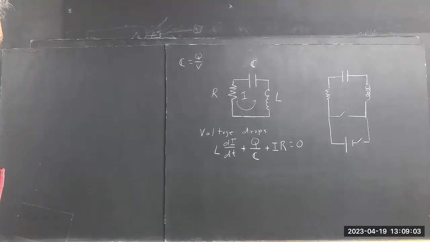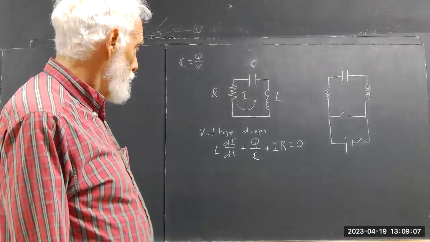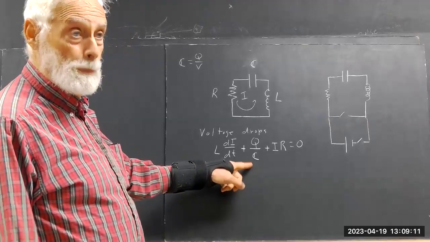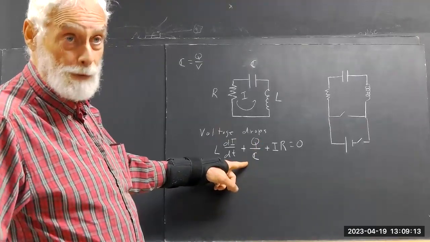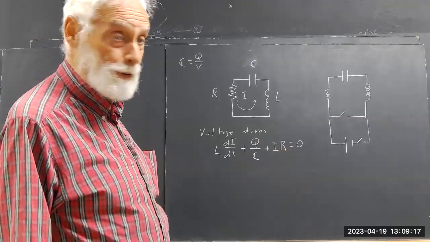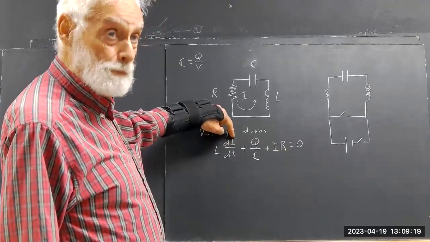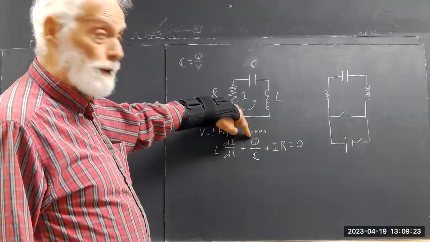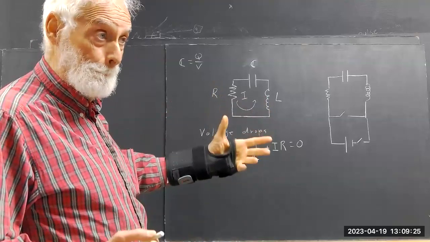Now, how many variables do you have? Is L variable? Is C variable? Well, it could be. You can have a variable capacitance, but we're assuming it's constant. And you can have a variable resistor, but we're assuming it's constant. But I is changing, dI/dt, and Q keeps changing, right?